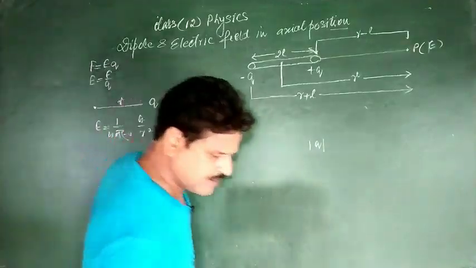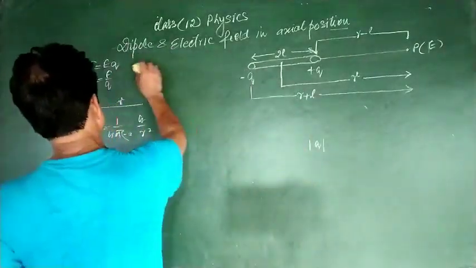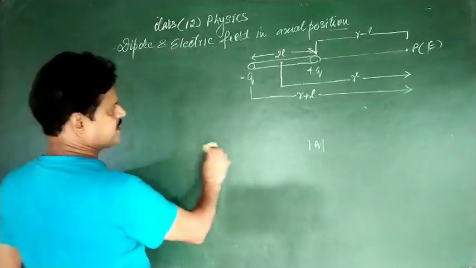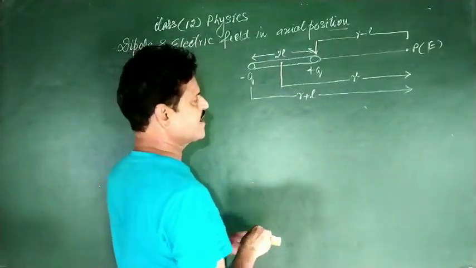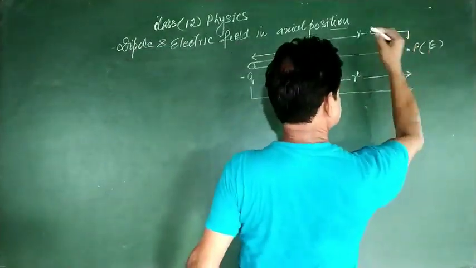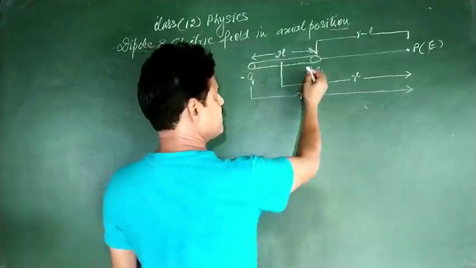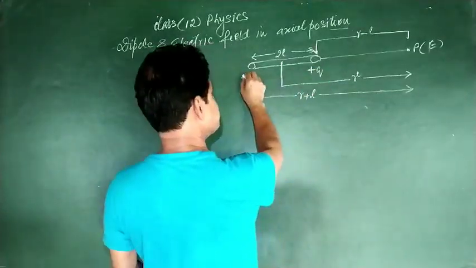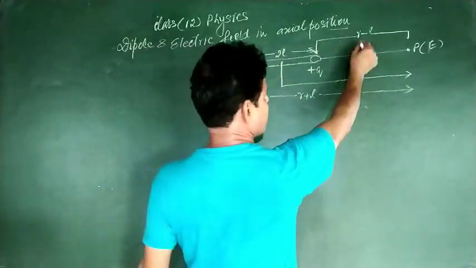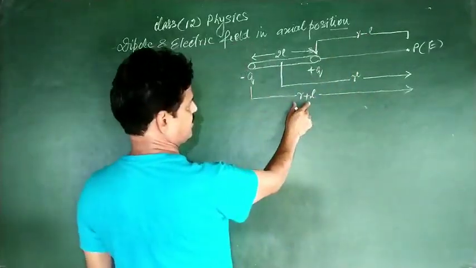So we can evaluate the electric field intensity at the point P created by the positive charge and the negative charge at distances r minus l and r plus l.